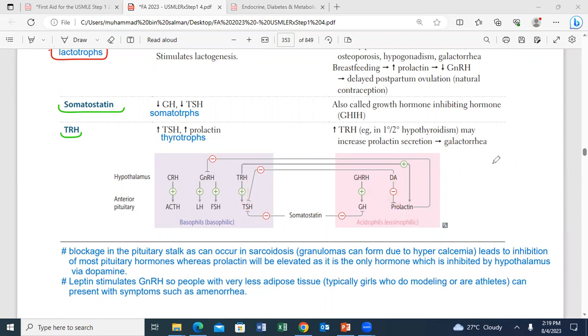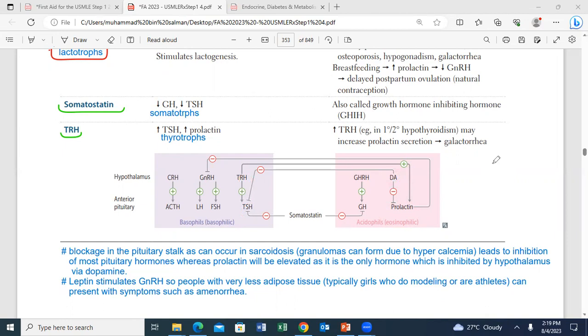But TSH and prolactin are like siblings. So dopamine not only inhibits prolactin, it also inhibits the TSH. And similarly, thyroid releasing hormone not only stimulates TSH, but it also stimulates the prolactin. But the major regulatory factor of prolactin will be dopamine anyways, and the major releasing factor for thyroid stimulating hormone will be thyroid releasing hormone, but they do have an effect on each other.